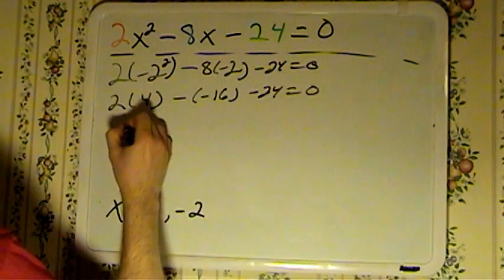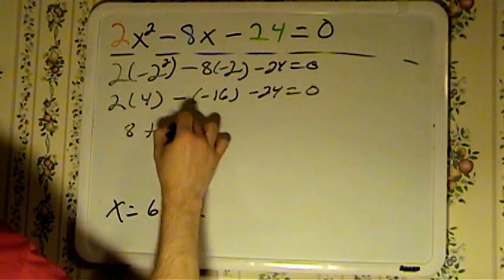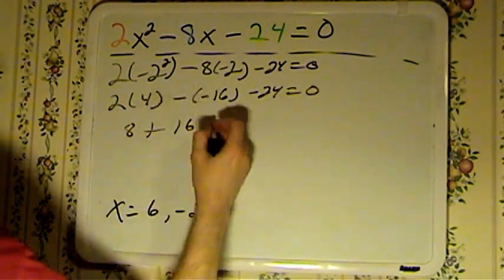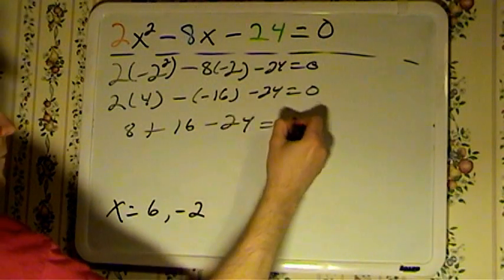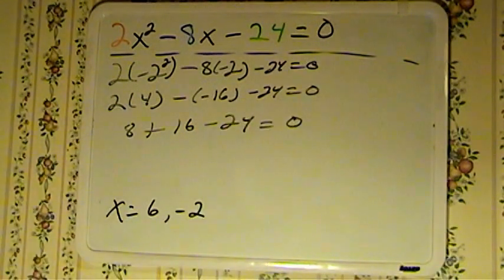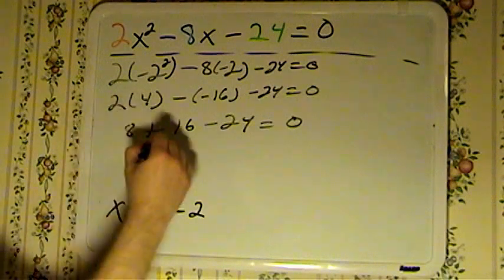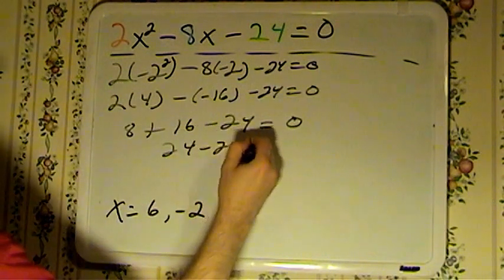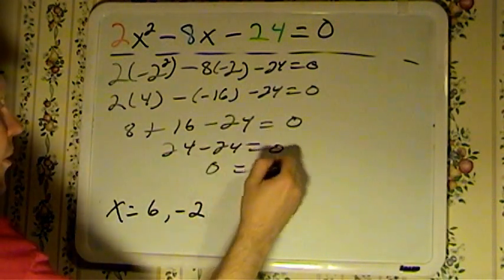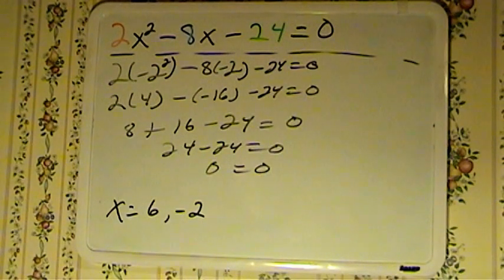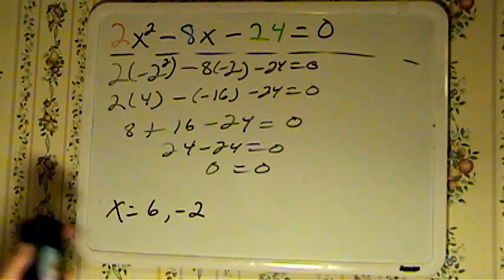So 2 times 4 is 8, plus 16, because we have these two negatives, minus 24, which equals 0. Well, 16 plus 8, as we said earlier, is 24. And 24 minus 24, and you have 0 on both sides, so that number checks. So that tells us these are both good values for x, unless you're in an application where you're told you can't use the negative.